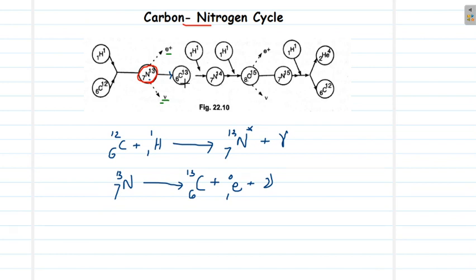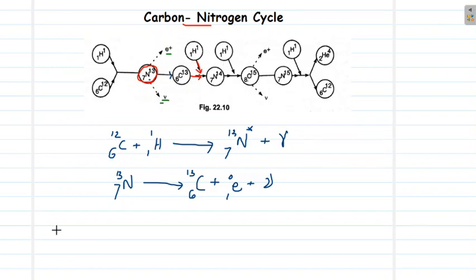Then we have this 6C13 in our hands in the Sun. Now what will happen to this carbon isotope? It will combine with another proton, or hydrogen nucleus, present in the Sun, forming a 7N14.